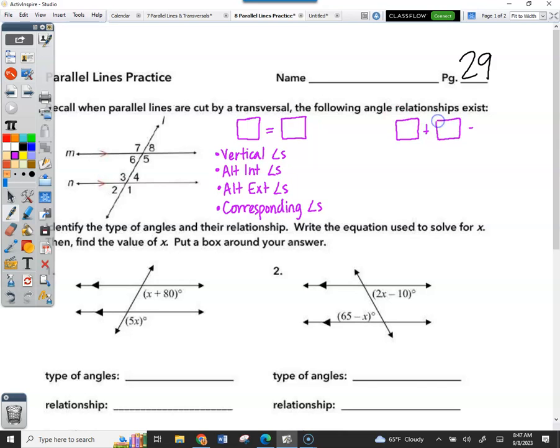Something plus something equals 180 is if it's linear pair or same side interior angles.